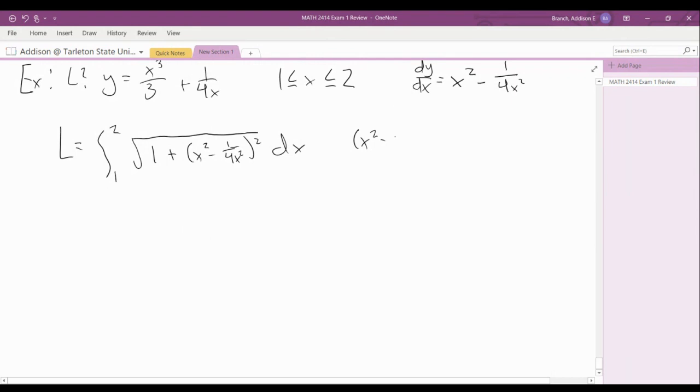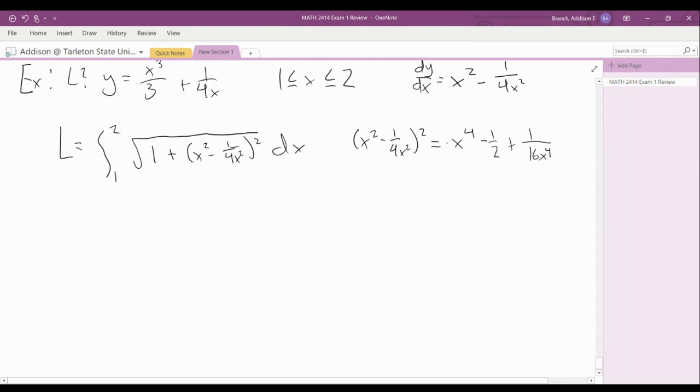We get x to the 4th, then the x squared and the 1 over x squared cancel out, so we get minus 1/4 times 2, so a minus 1/2, plus 1 over 16 x to the 4th.